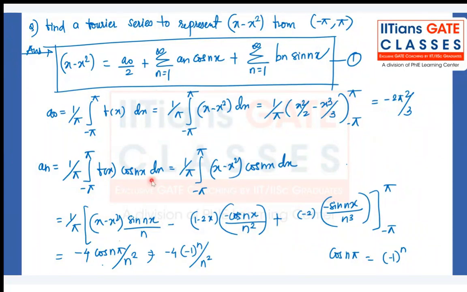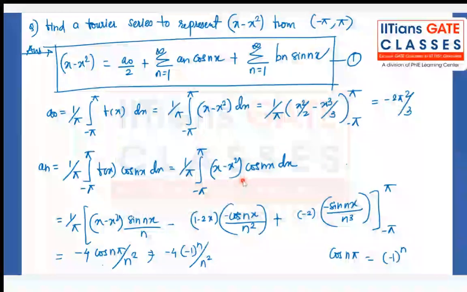Next one is An. An is 1 upon pi integration minus pi to pi f of x cos of nx dx. So 1 upon pi as it is, integration minus pi to pi, f of x was x minus x square, cos nx dx.